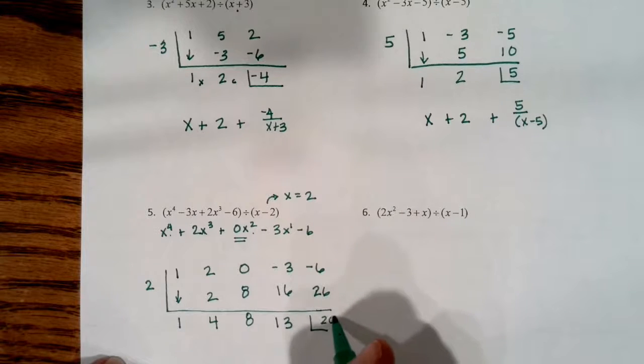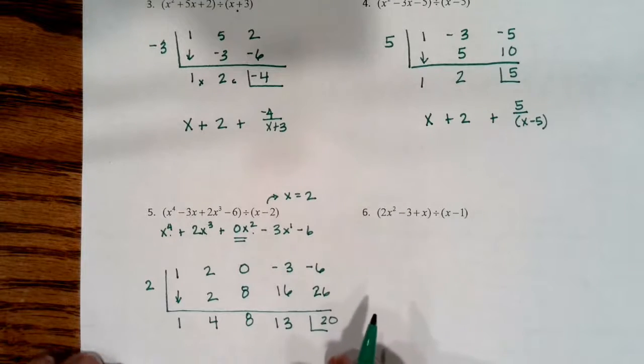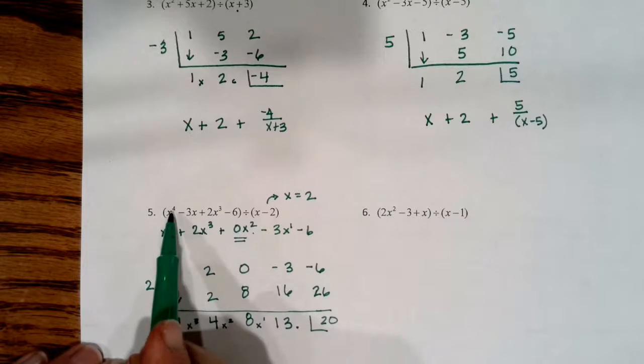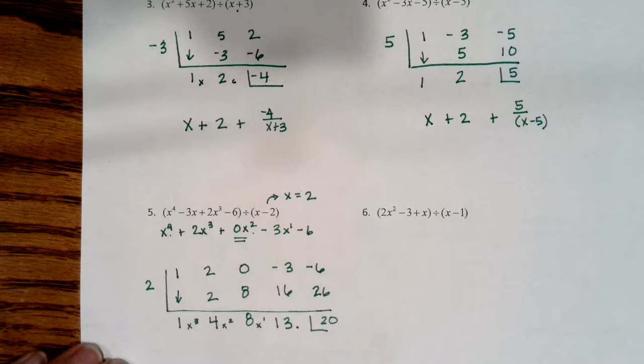with 20 left over. When I go to write my quotient: constant, x to the first, x to the second, and x to the third. Note my quotient is 1 less power than my dividend.